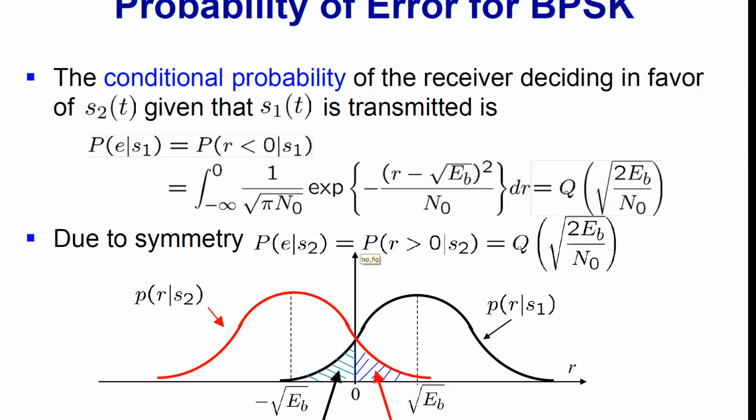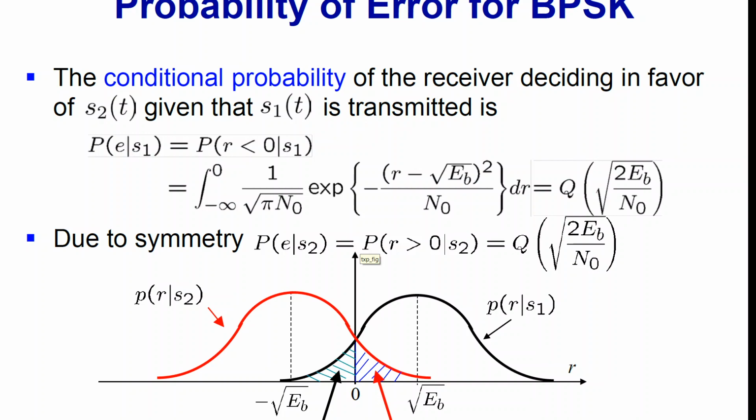We studied that earlier. So for an error to occur, given that S1 was sent, the probability of error if S1 was sent is actually the probability that R is less than 0 given S1.